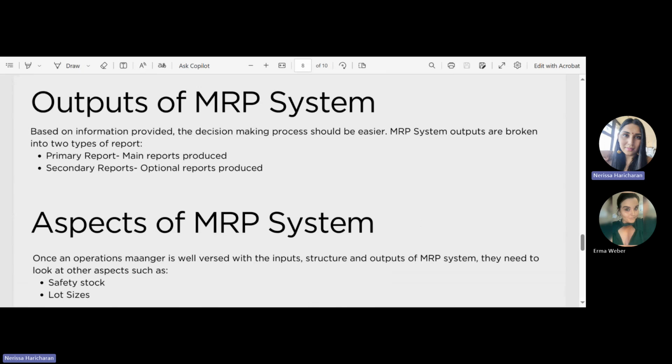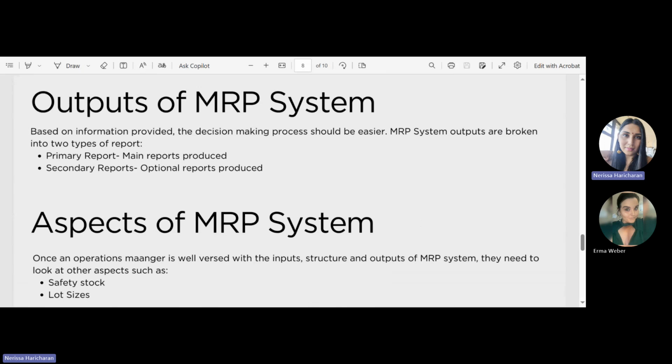All of these are primary reports that are required. These are your main reports that are produced. The outputs of your MRP system provide the schedules, so you need to understand what is changing. So any details on changes to existing orders, what orders are planned, and what orders are going to be released. Those are some of the main reports.